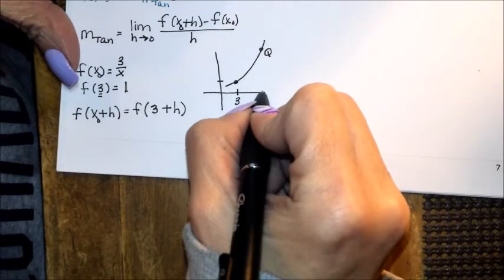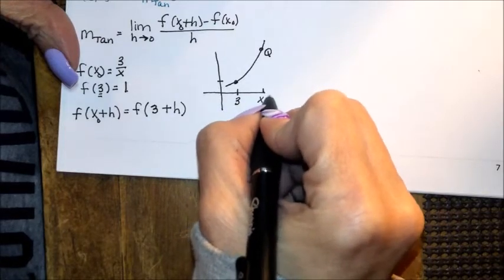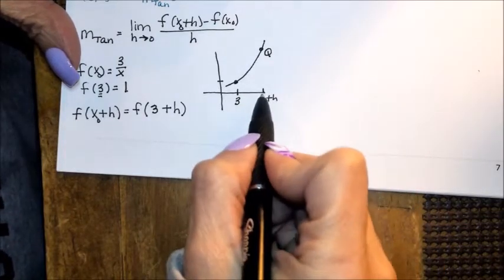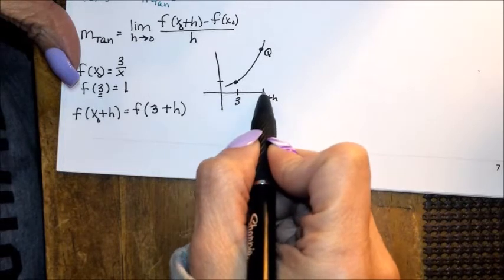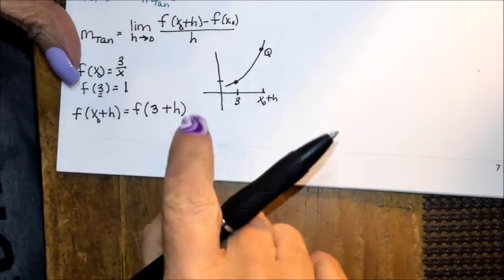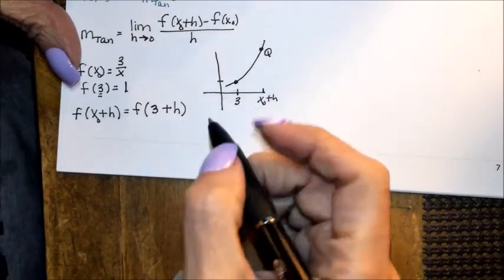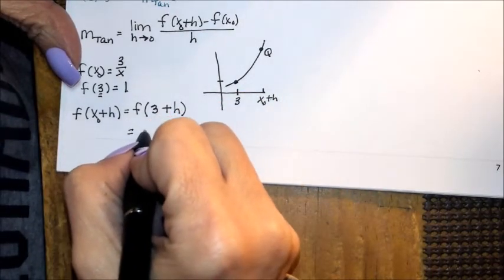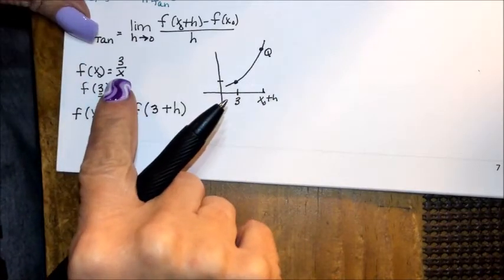If this is 3, remember we're going to go out here, x naught plus h. How much did I go over? I went over 3 plus a little bit. Let's figure out what f of 3 plus h is. Here's what f of x is.